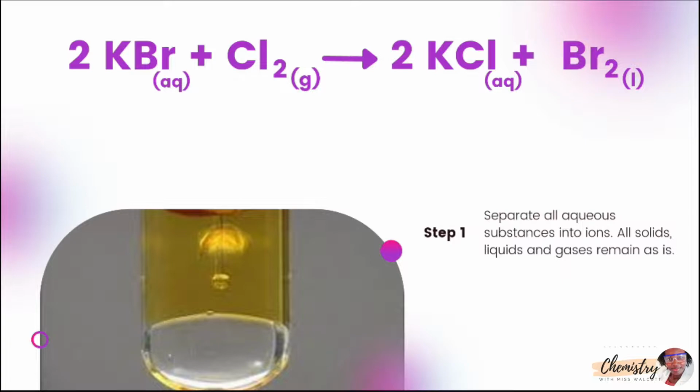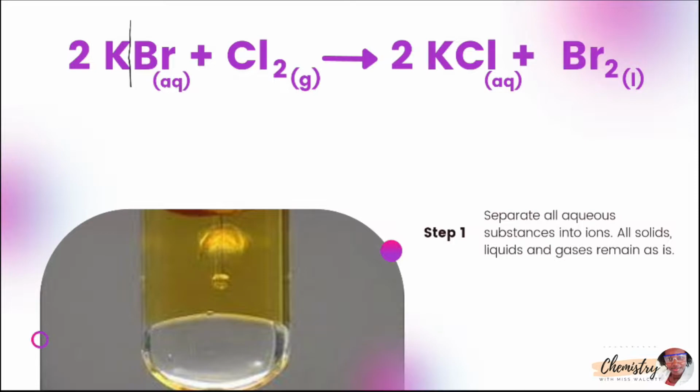Two substances in this equation are aqueous, potassium bromide and potassium chloride. Just a reminder, the names of these ionic substances are just the names of the ions combined, which means potassium bromide is made up of the potassium ion and the bromide ion. Failing that, just remember that the symbol for each new element starts with a capital letter. So we want to split potassium bromide right there.